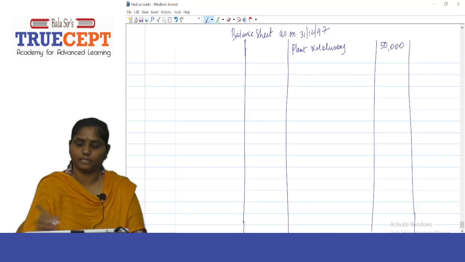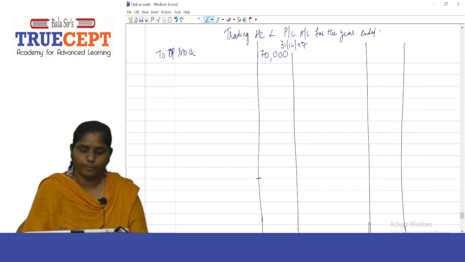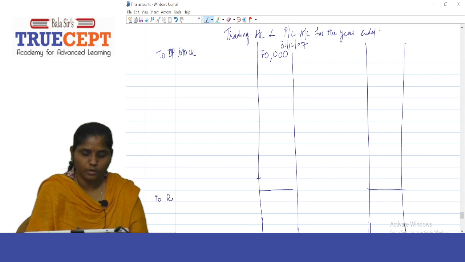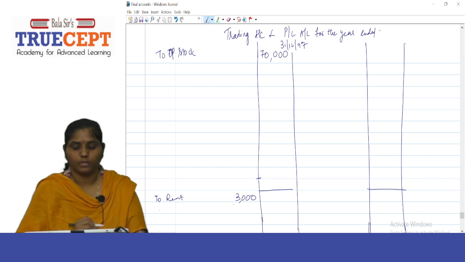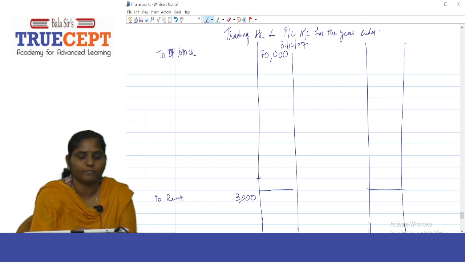Go to the next item, rent 3,000. Remember we have an adjustment for rent. I am going to prepare trading till here, so I am putting rent account here and leaving a space for adjustments. How much is the rent given? 3,000 in the inner column. I'll add that 1,600 later when we are dealing with the adjustments.